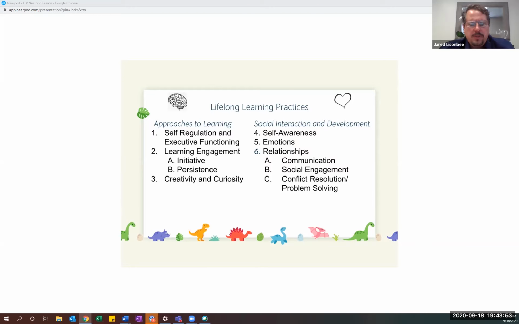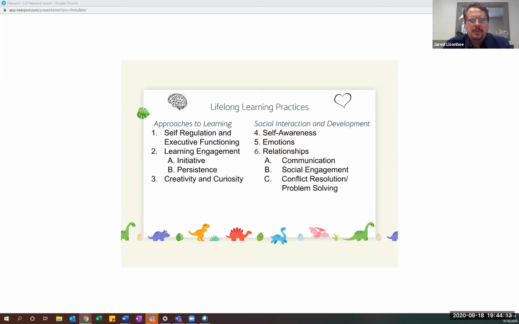But as we're discussing and exploring these, really pay attention to how that's not really an accurate distinction. All of the approaches to learning side, the self-regulation, rely heavily on the ability to experience emotions in appropriate ways and respond appropriately.